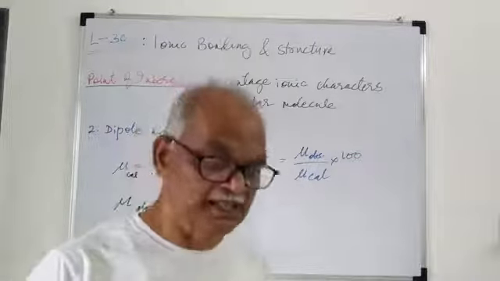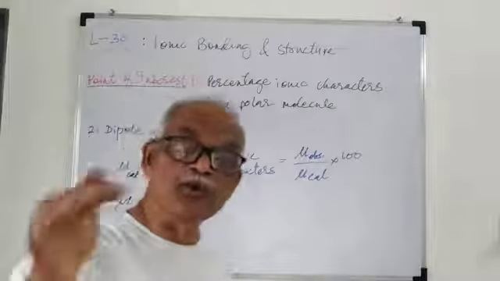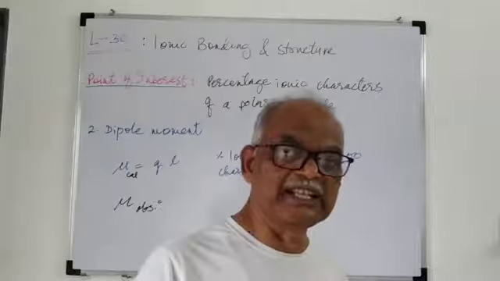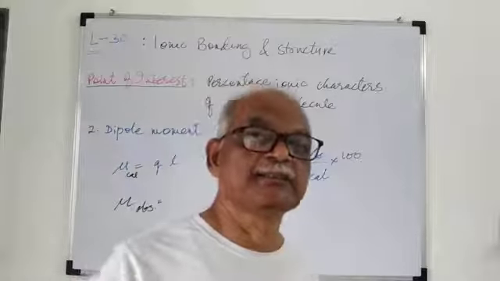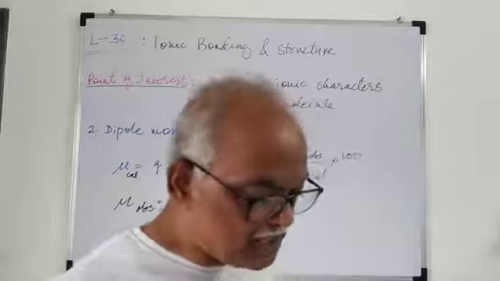So this gives us the percentage ionic characters of a covalent molecule. Initially we have seen that the molecule is covalent, but we are considering the percentage of ionic characters in such covalent molecules.